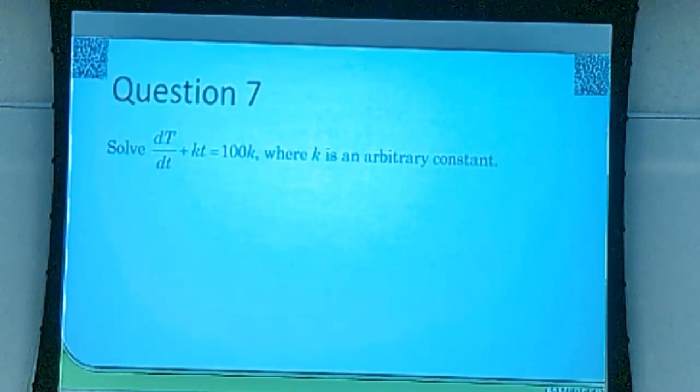Big T. Independent is little t. What's P of t? It's 0.